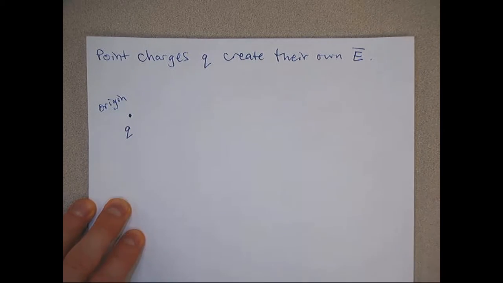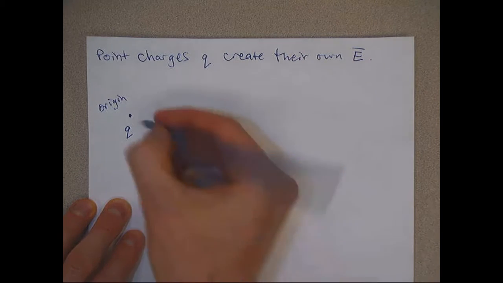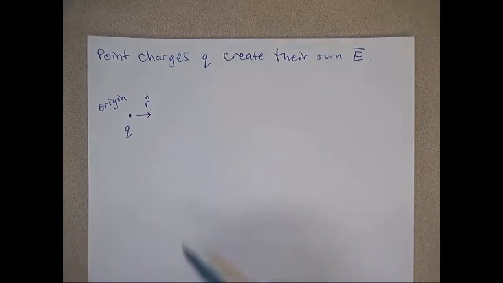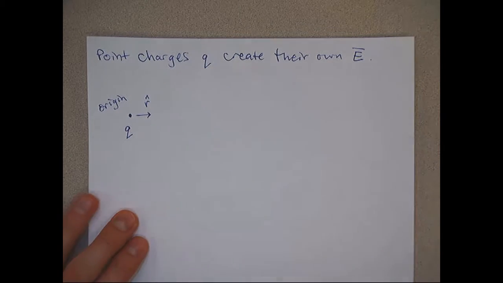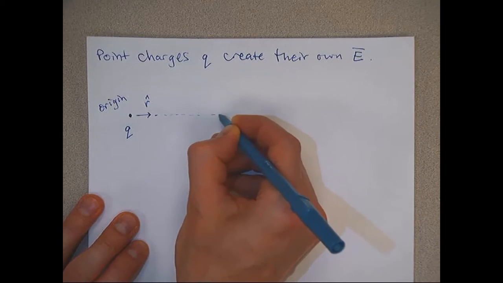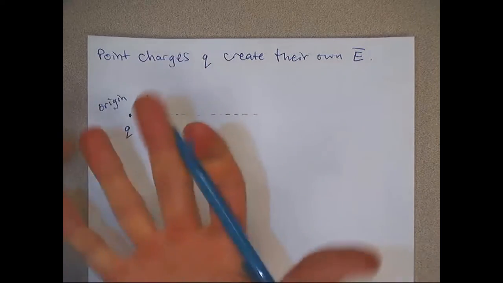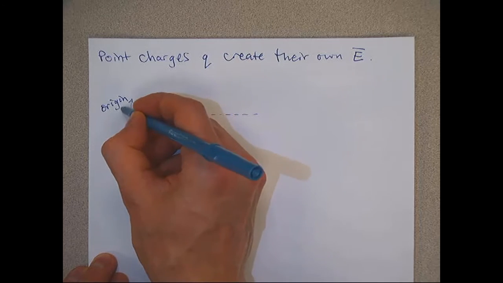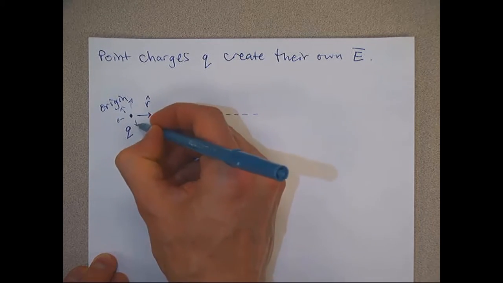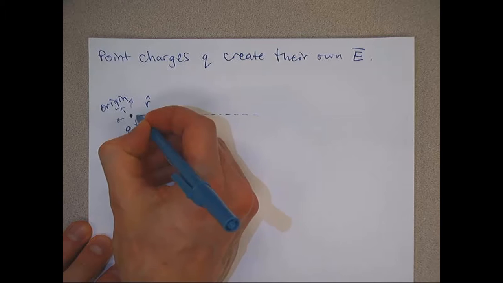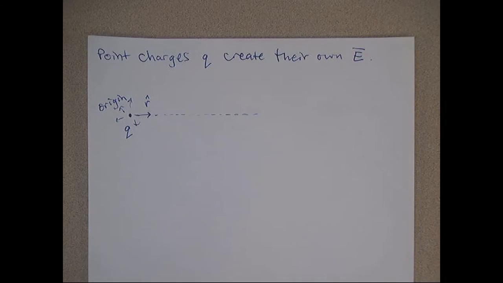We'll define an r hat vector which points everywhere away from that electric charge Q. So it's a radial vector. r hat points everywhere. It's unique and it's not unique at the same time. It is the direction radially outward from the point charge.